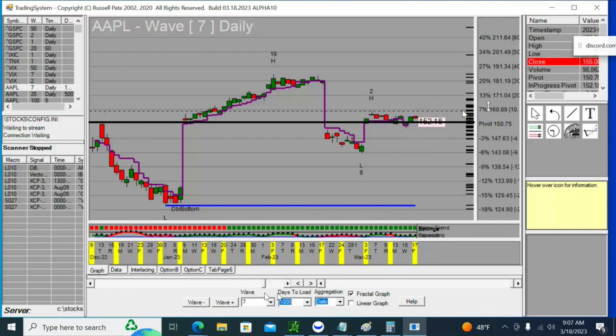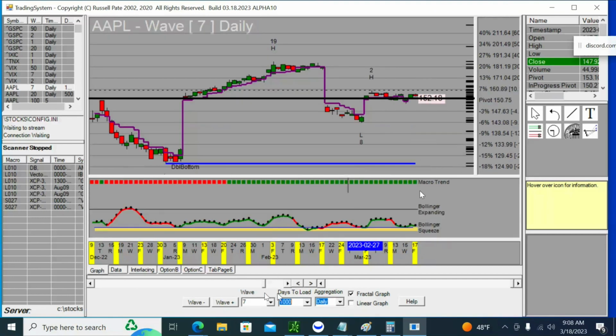So 7% is 160, 13 is 171, 20 is 181. And if we started to move down, minus 3% would be 147, minus 6 at 143. So it's showing this downside that's possibly going to be in the works at one point in time, and then it's showing the upside that's currently moving through.